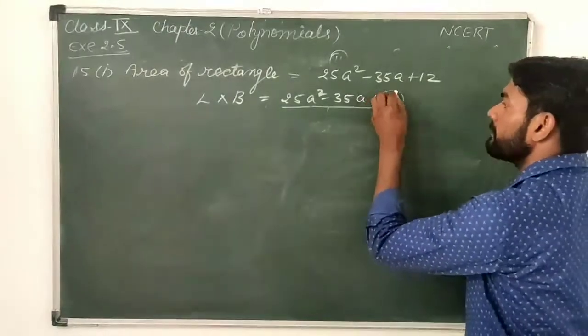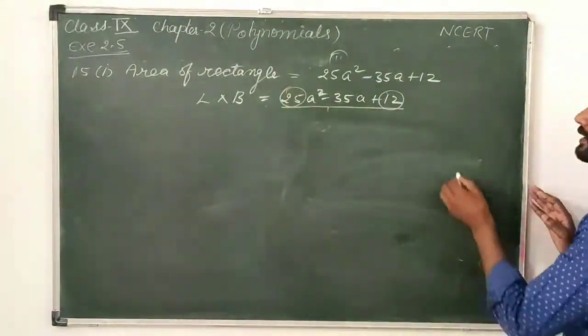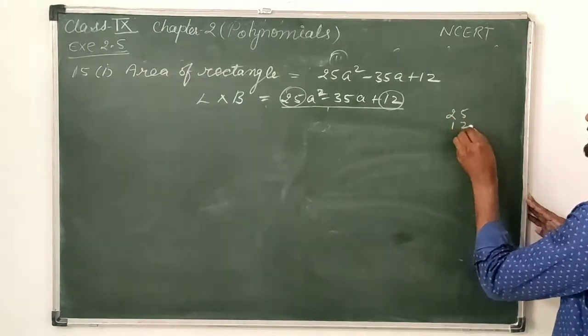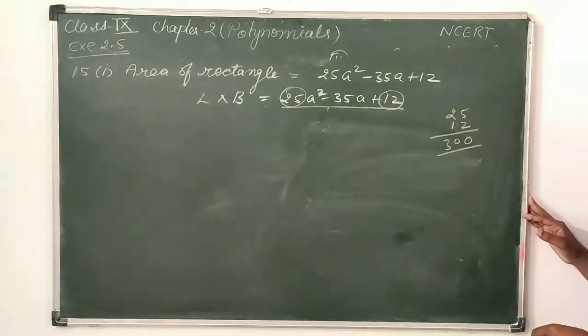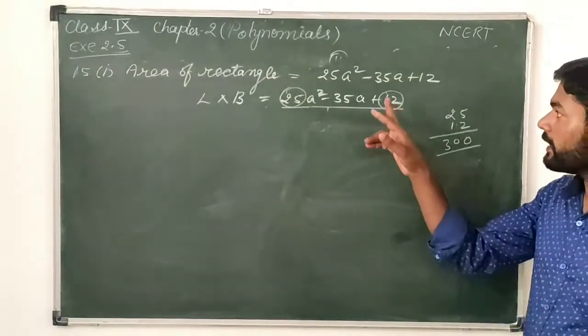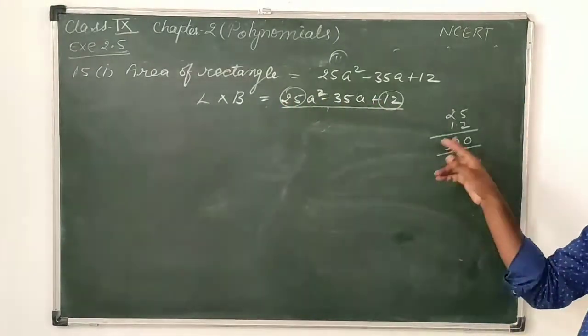First of all multiply this one and this one. 25 into 12, 300. Now, this is plus and plus, then answer is also plus.